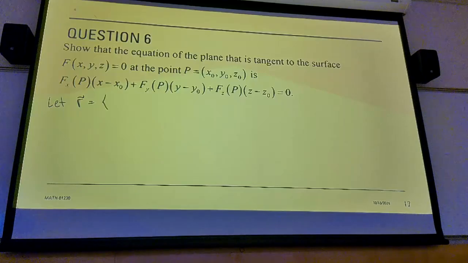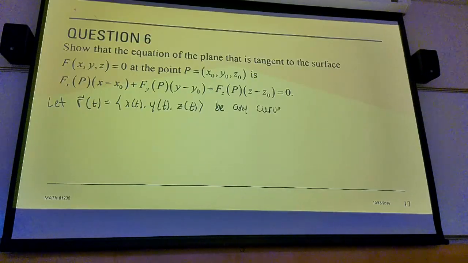Oops. What we're going to do is define some arbitrary curve, call it R, on our surface that passes through the given point.